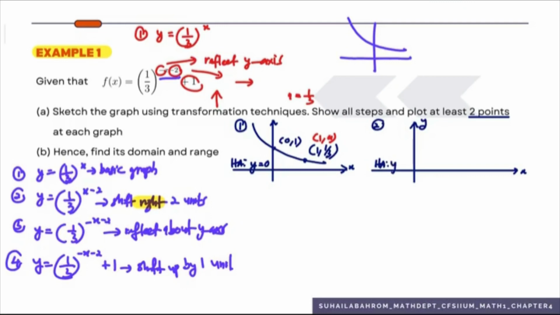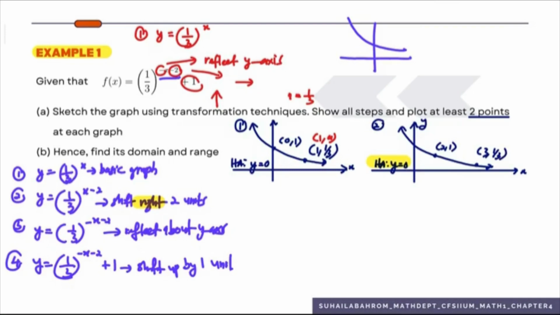So HA, y is equivalent to 0. So the graph will be something like this. With the new coordinates, we have an arrow here. So (0, 1) will become (2, 1). The change is on the x coordinate, and the coordinate (1, 1/3) will become (3, 1/3). And our horizontal asymptote, as you can see, is still HA y is equivalent to 0 on the second function.